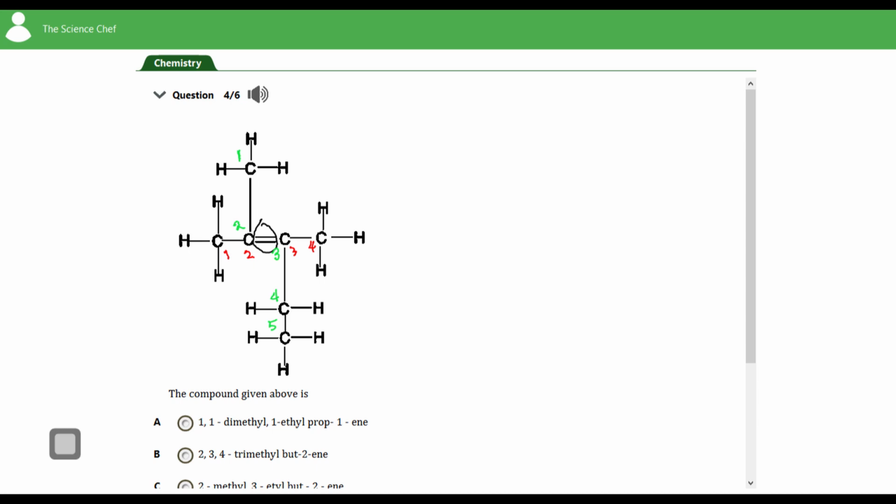But before we name the compound, we must remember that any organic compound is named as prefix plus root plus suffix. Now the suffix is from the homologous series, the family of the organic compound, which in this case we have established is the alkene, because of the functional group. So because of that it ends with -ene.